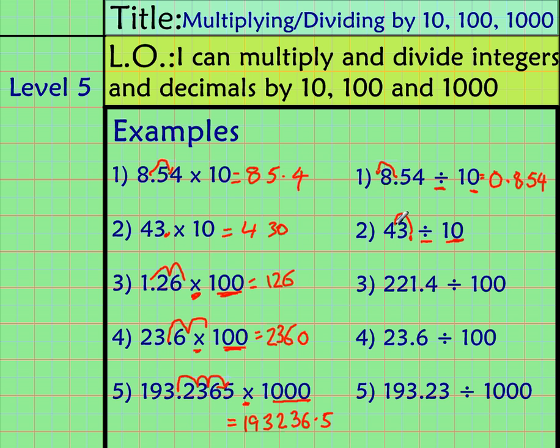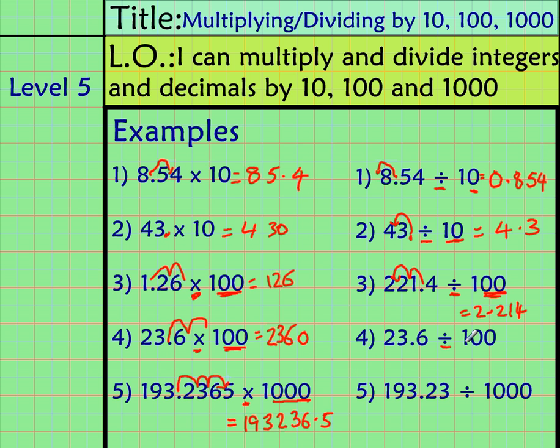I'm going to the left, 1 space. So what am I going to get? I'm going to get 4.3. Here, divide by 100, so to the left, 2 spaces. 1, 2. So I'm going to get, I have to write underneath here, I'll show it for you. 1, 2. So it's going to be 2.214.